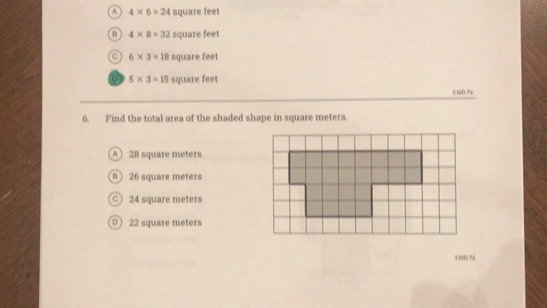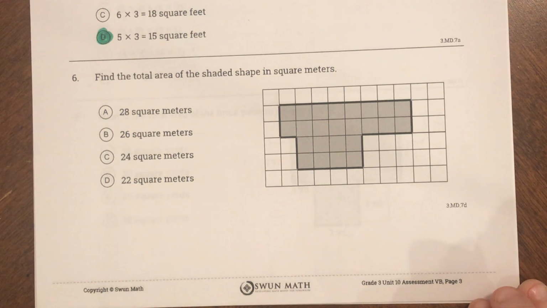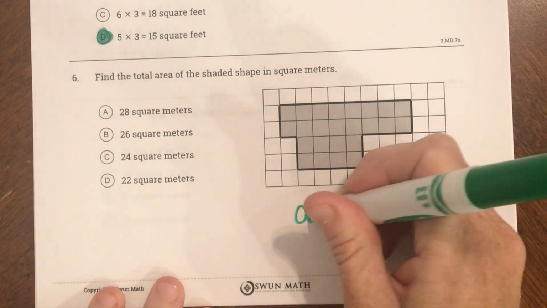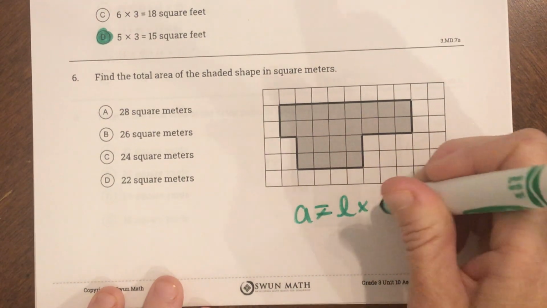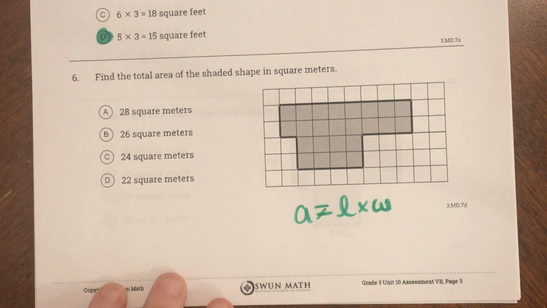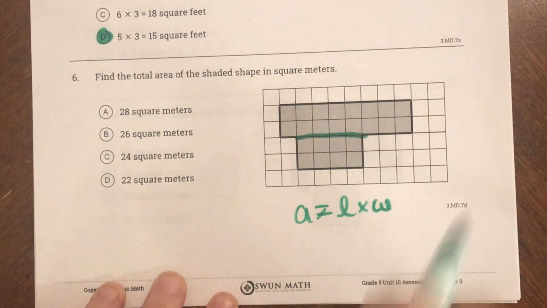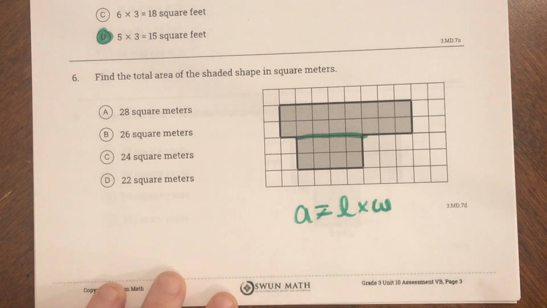Okay. This one's a little different. This one says find the total area of the shaded shape in square meters. Okay, this one I can't use my formula, area equals length times width, because this is not a rectangle. So there's two things I could do. I could cut it right here into 2 rectangles, or I could simply count on this one.